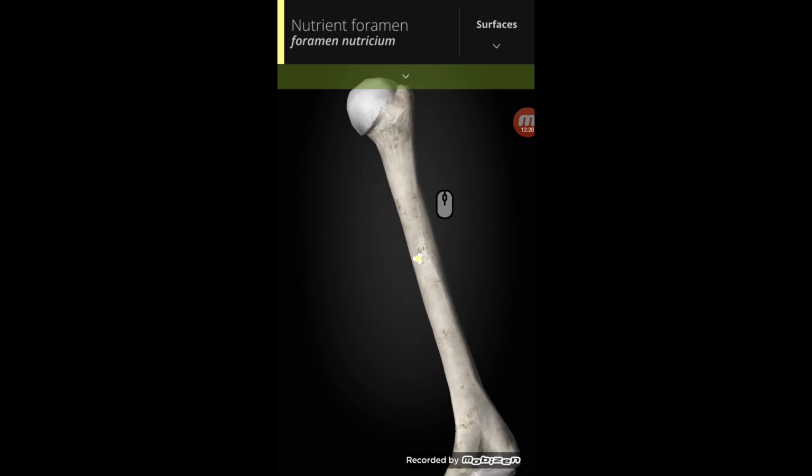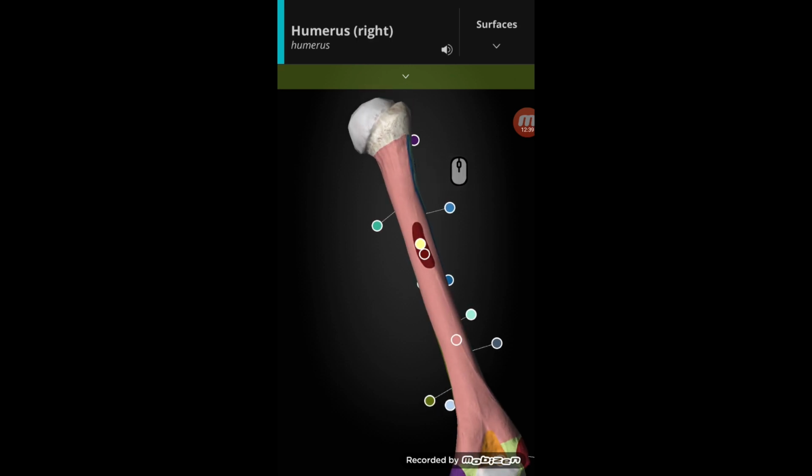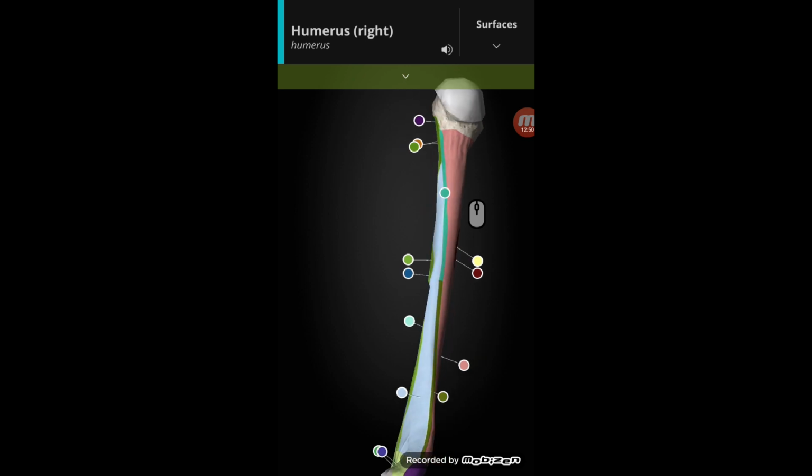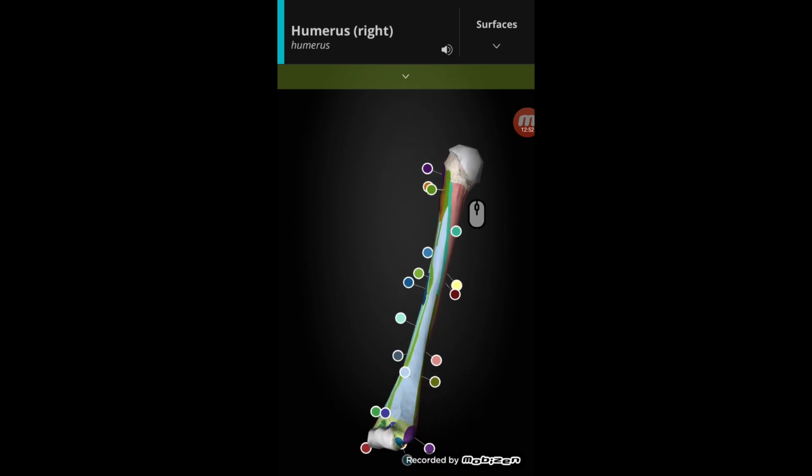In the humerus, the foramen is downwards, so the growing end is upward. And this is the radial groove, which provides attachment to the medial part of the triceps. So these were the landmarks of the humerus.